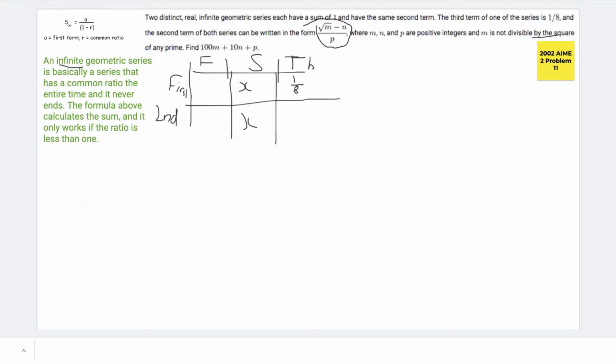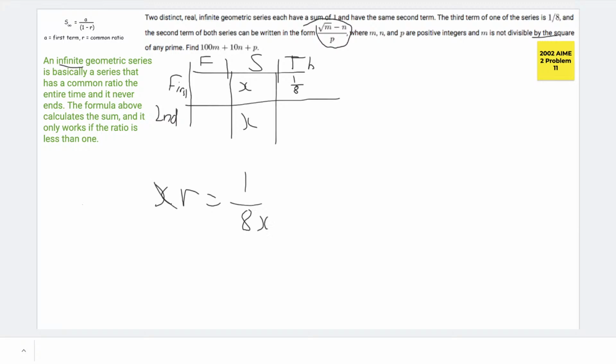And then the second term, now we just want to find the second term. And remember, the common ratio is the same for a geometric series. So let's assume the ratio of the first series, let's just say it's r. So that means x times the ratio, which is r, has to equal 1 over 8. Now we want to find r in terms of x. Simply you divide both sides by x and you get 1 over 8x.